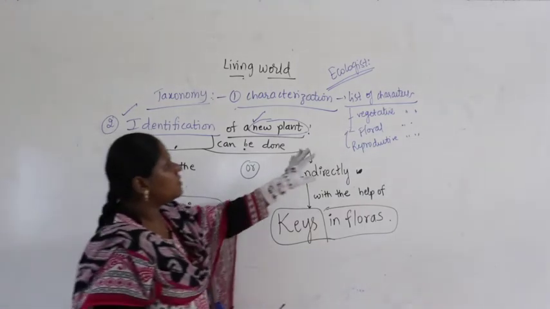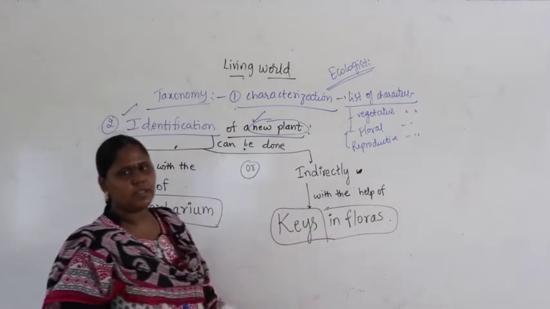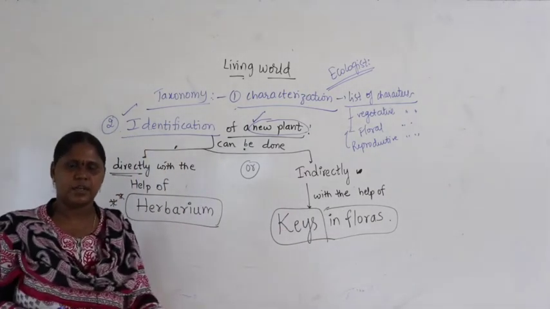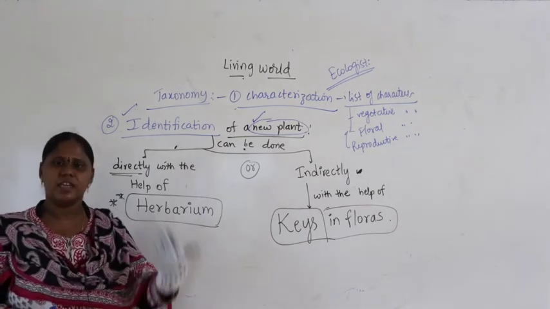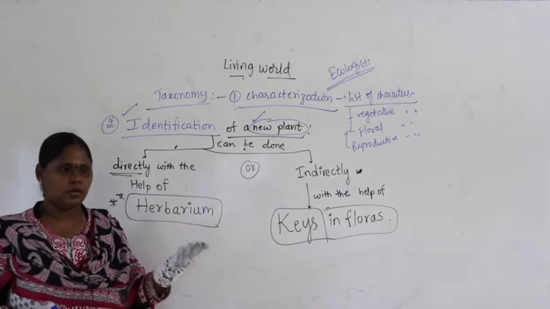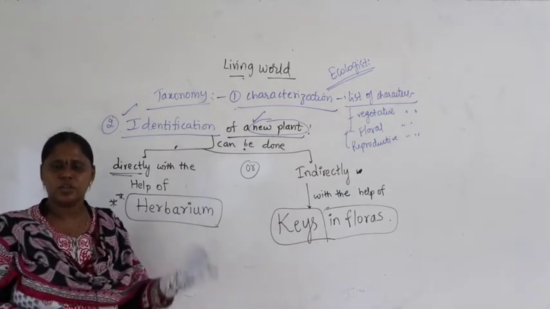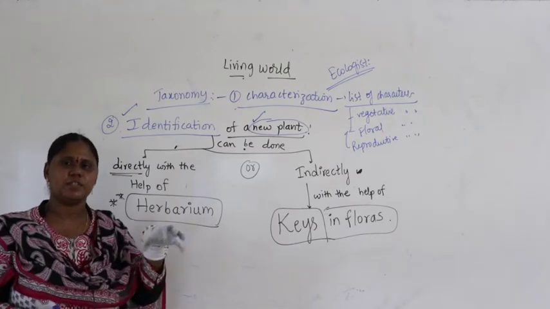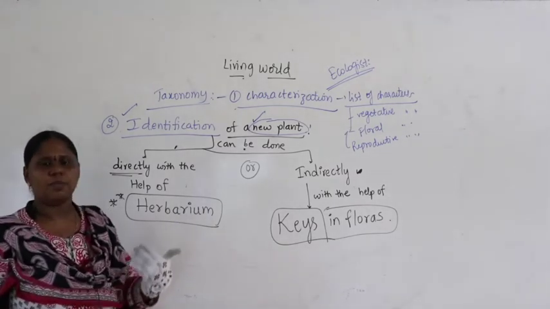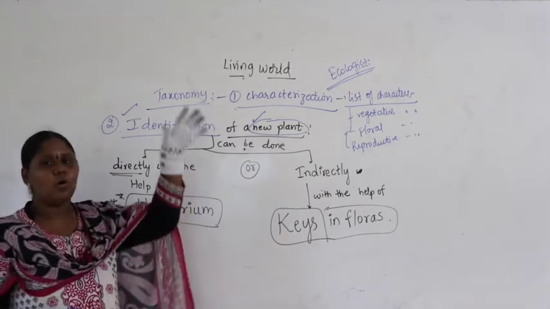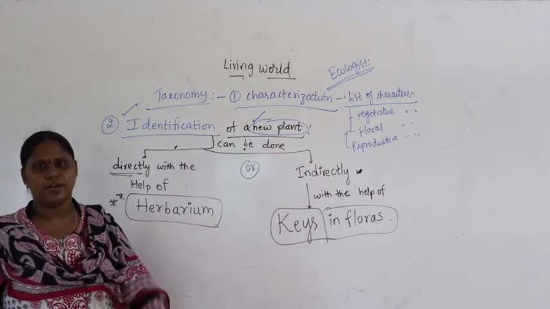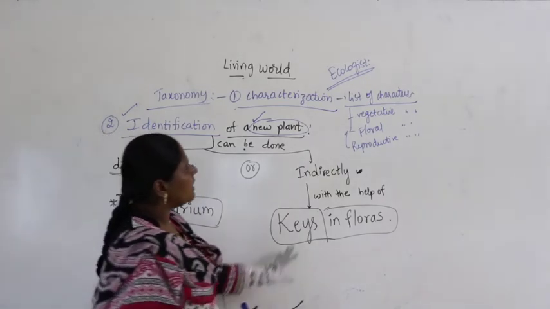Maybe these characters do not match any plant given in the list of the district research center. And what will he do? He will go to the national level, like the Royal Botanical Garden, or the Indian Botanical Garden, or a National Botanical Research Institute. We have some institutions in India where you will get data or descriptions of all the plants available across India in different forests. So what will an ecologist or scientist do?